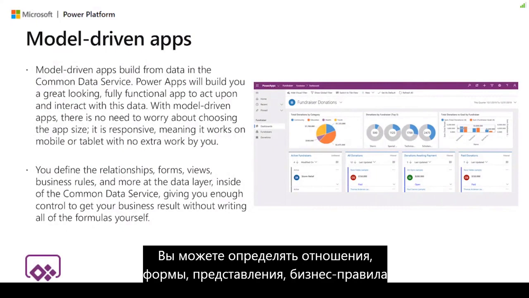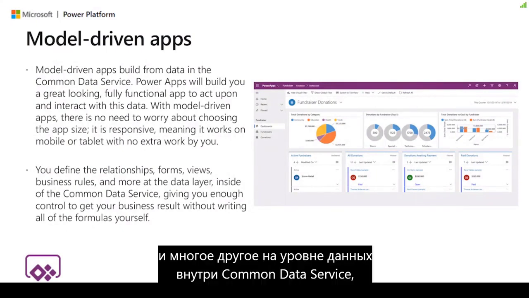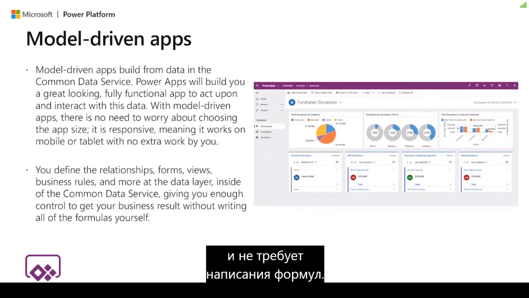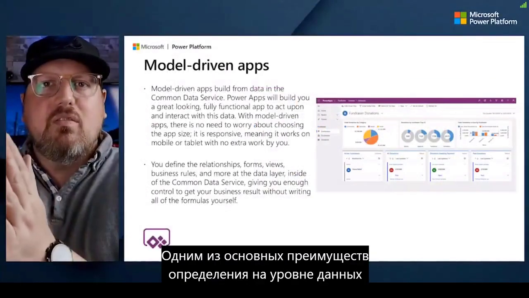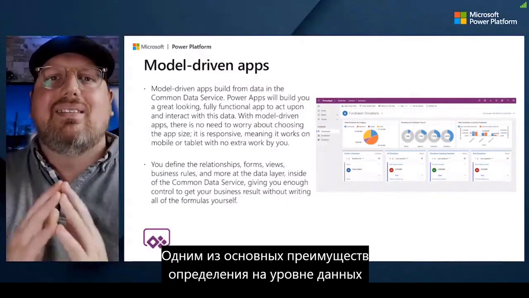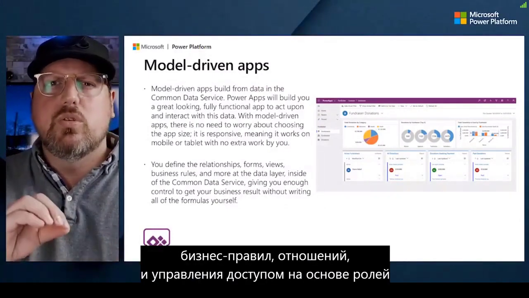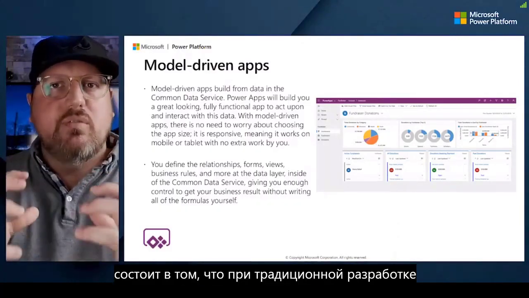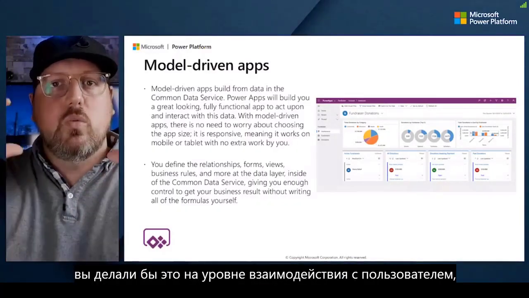And then you can define the relationships, forms, views, business rules, and more at the data layer inside of the Common Data Service, giving you enough control to get your business results without writing all of the formulas yourself. One of the main advantages of having all of that at the data layer, all those business rules, role-based access control, relationships, is that in traditional development, you would do that at the UX layer.